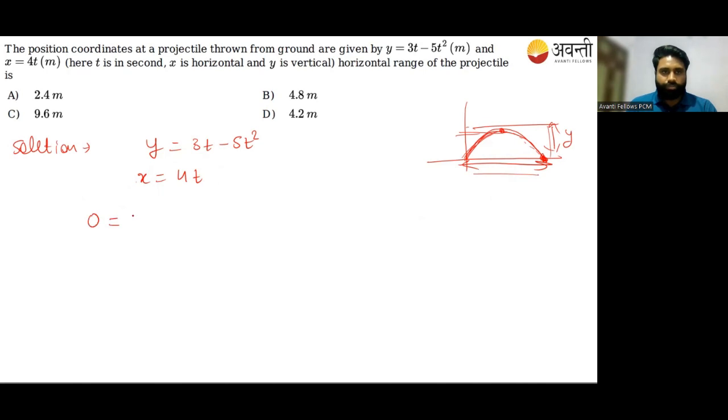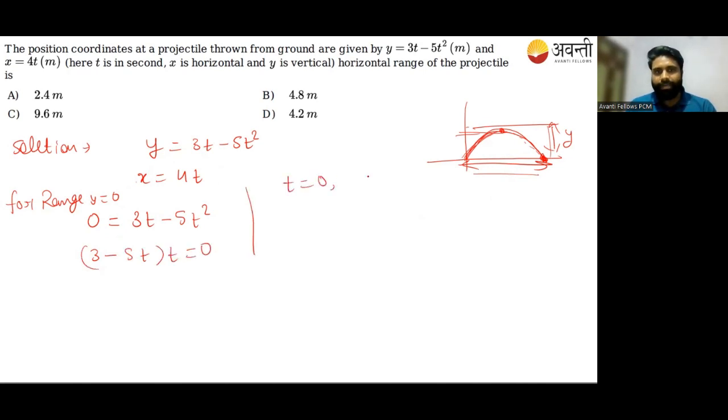So we have to put y as 0. For the range, y is equal to 0. So 0 is equal to 3t minus 5t square. From here you can say that (3 minus 5t) into t is equal to 0. So you have two values here: t is equal to 0 and t is equal to 3 by 5.